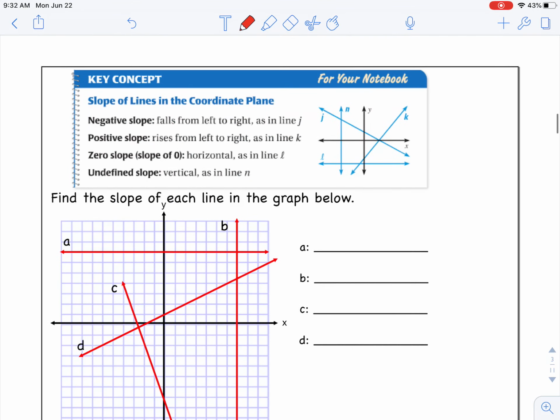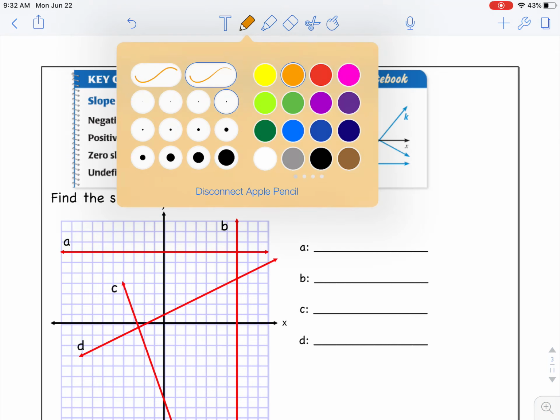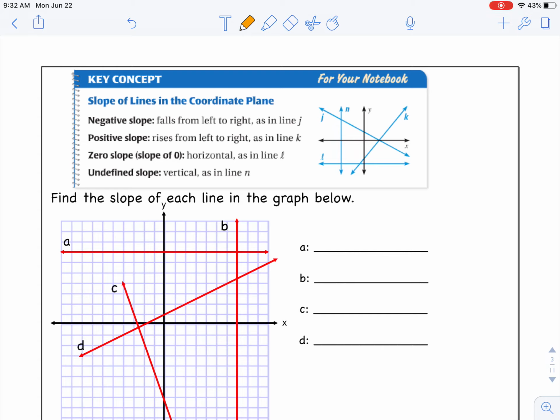So we also talk about positive, negative, zero, and undefined slopes. A negative slope is what you expect as you look at your graph left to right. It falls. So line J has a negative slope. On the other hand, line K has a positive slope because as you look at your graph left to right, it's going up.